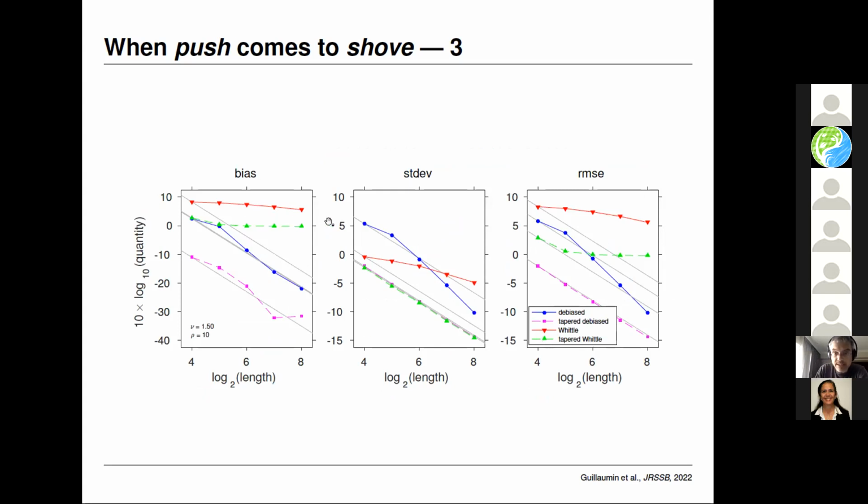And this is bias, standard deviation, and root mean square error. Sorry, well, look at the yellow one and you see how bad it is, right? That is just standard Whittle, but allowing for a window function. And the equivalent that works so much better, the tapered debiased, that's everything that I've been telling you today.